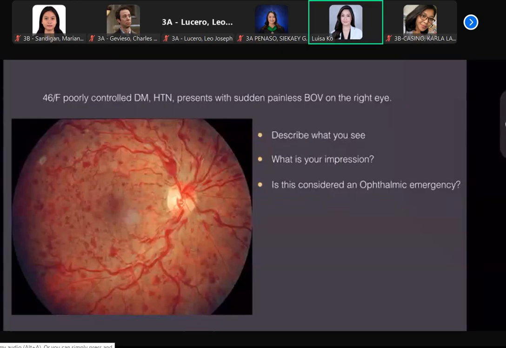There are two absolute emergencies in the eye. What are they? Chemical injuries, Doc. Good. And CRAO. And there are relative eye emergencies as well, which include acute angle closure glaucoma, globe rupture, etc. Is CRVO included in the list of ophthalmic emergencies? It's not a trick question.